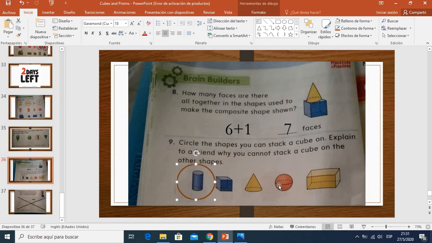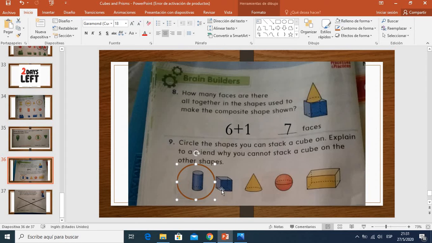Now let's go with the sphere. Is it possible to stack a cube on a sphere? Imagine placing a block over a ball. Is that possible? No, it isn't. What will happen? The ball will roll over and it will be impossible to place the cube on the ball, right? So I cannot stack a cube on a sphere.